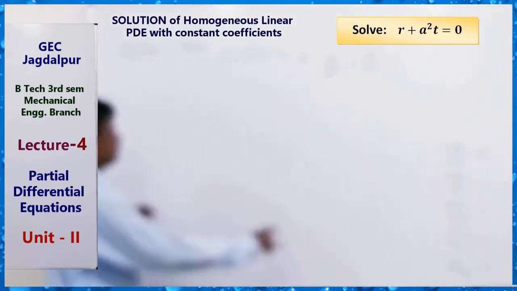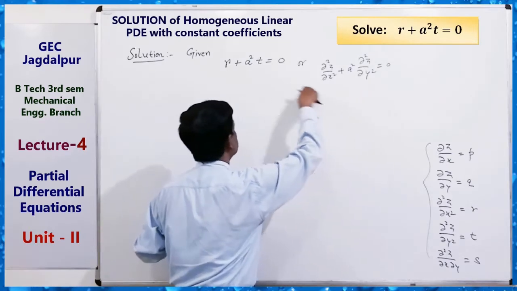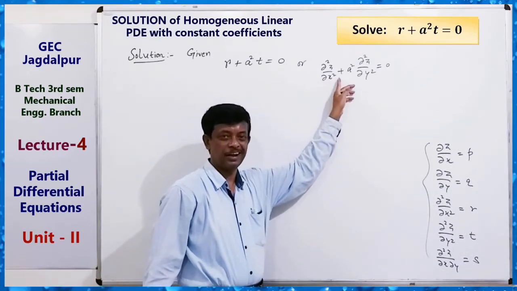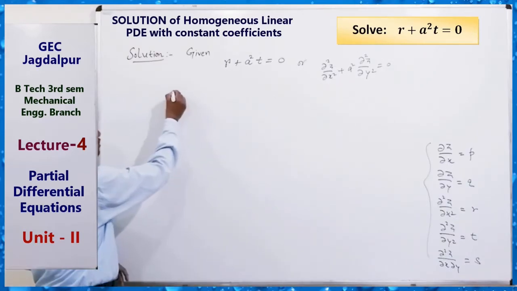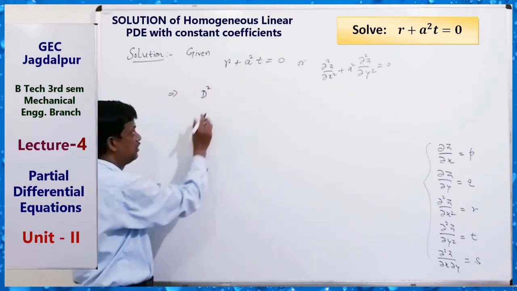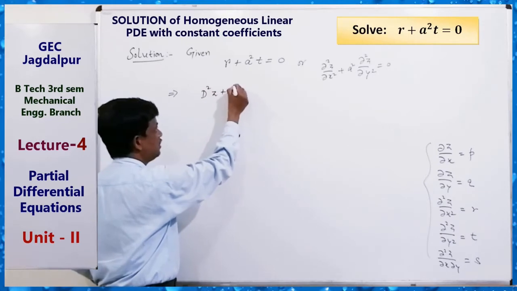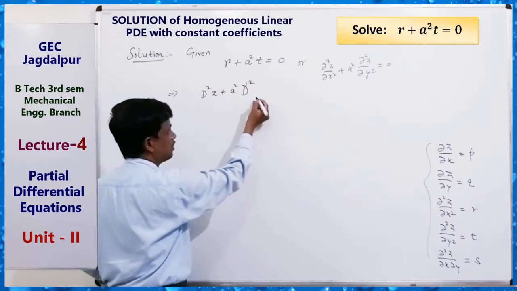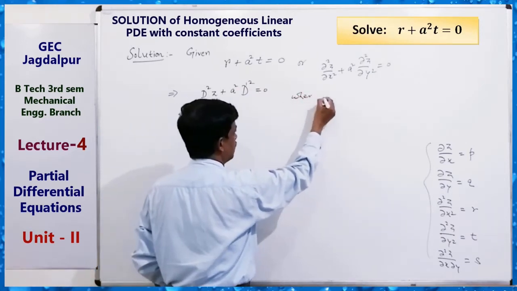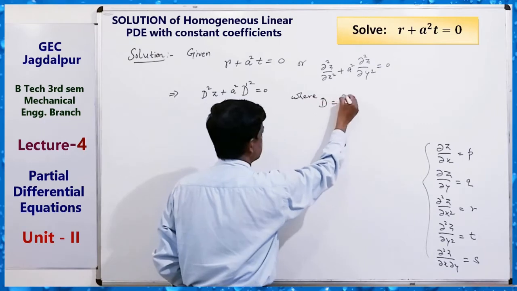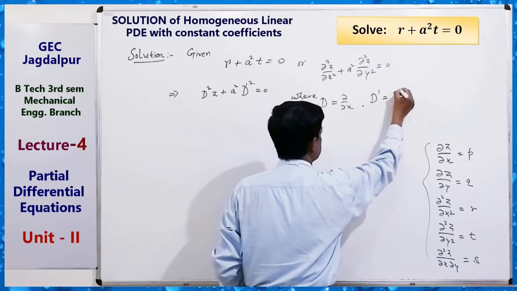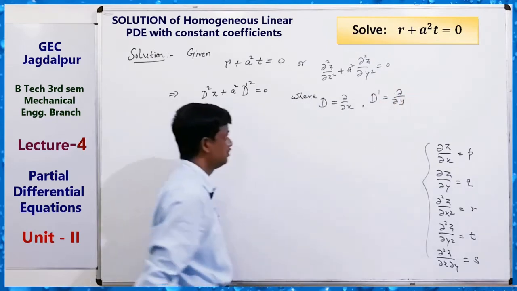So if the equation is given like this, then from here we can write: implies (D square plus a square D dash square) z equals to 0, where D means del by del x and D dash means del by del y. Clear?